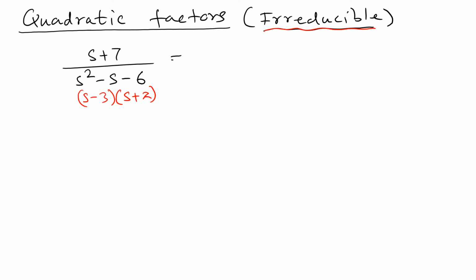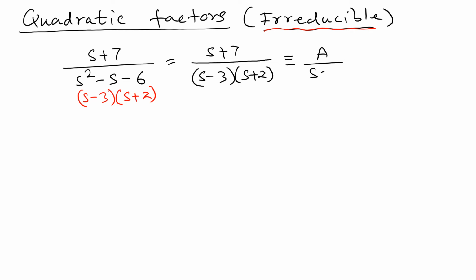So (s plus 7) over (s minus 3)(s plus 2) is identical to A over (s minus 3) plus B over (s plus 2). And then we can find A and B using the cover-up method or any other technique.